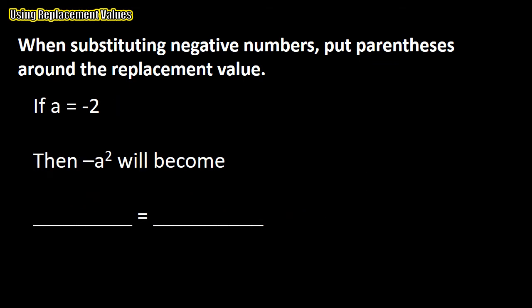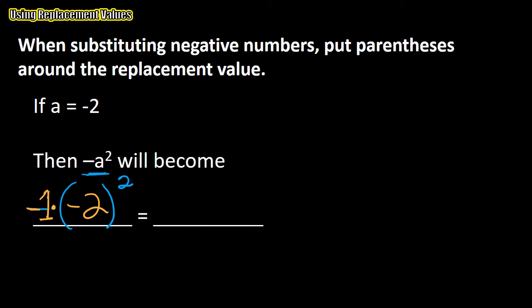And what about negative a squared? So I have negative, I have my parentheses, I have my squared, and then a is negative 2. We have a lot of different order of operations here. I'm going to rewrite this negative as negative 1 to help me a little better, and add a multiplication sign. We just have negative 2 squared here.